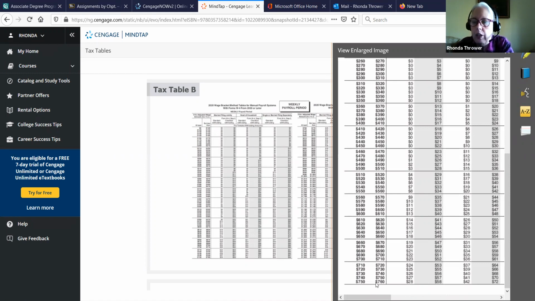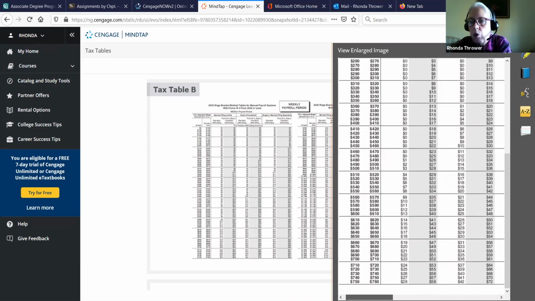We can't use this. We need to get closer to our total earnings that are going to be taxable for federal income taxes, which the amount was 1,060. Again, this was what you earned plus your tips. So I'm going to scroll over.